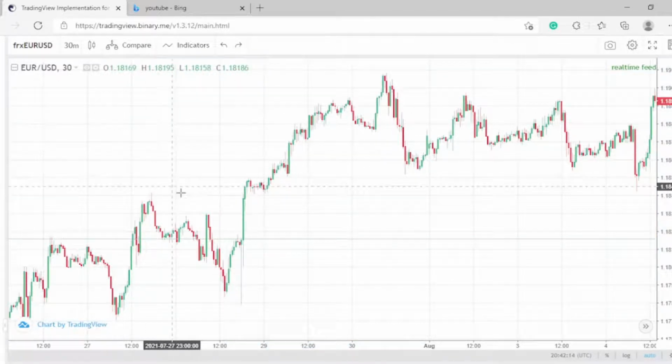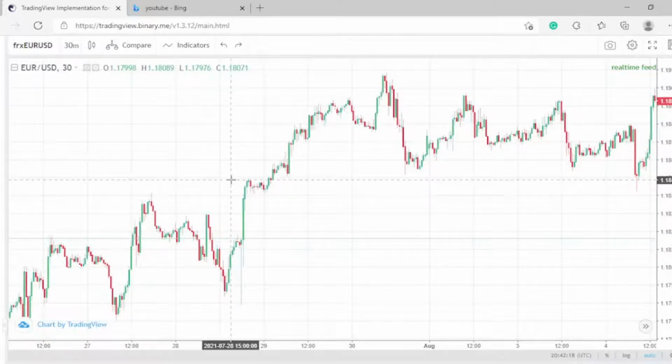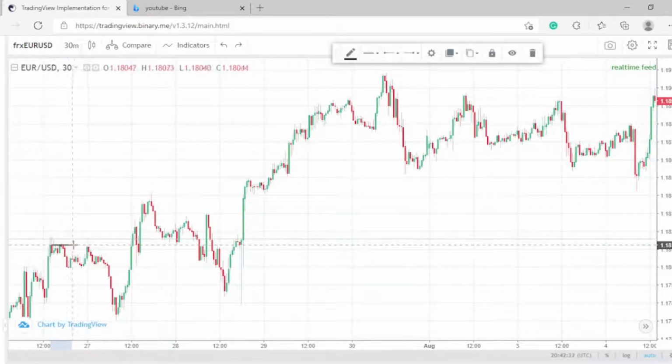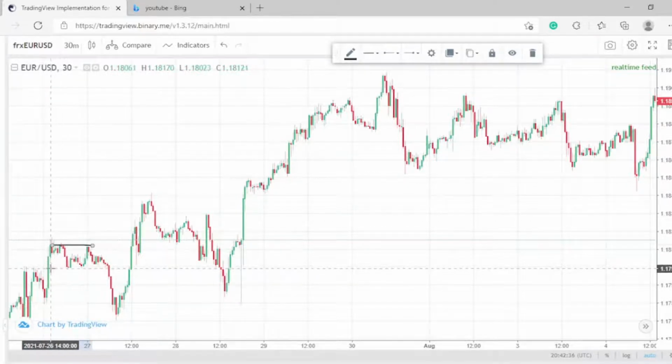I'm going to show you the second state of the market. We have what is called a range. You see the market has created highs here and lows here at this area.